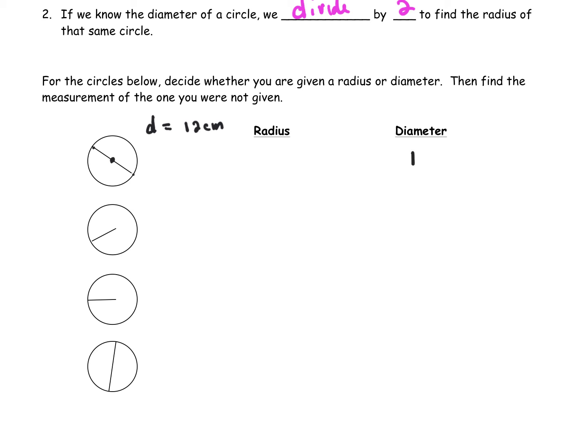If the diameter is 12 centimeters, we just discussed that to find the radius of that same circle, we have to divide by 2. So we take 12, divide it by 2, and that gives us the radius of that same circle. That would be 6 centimeters.